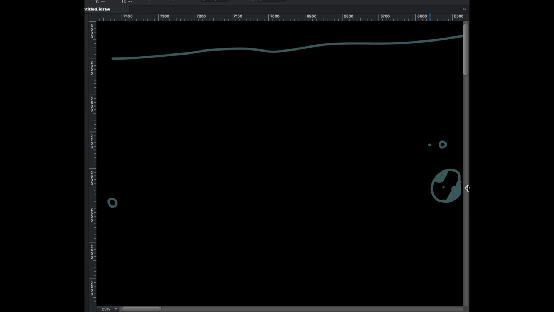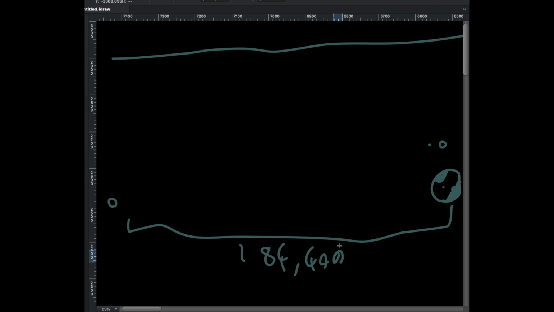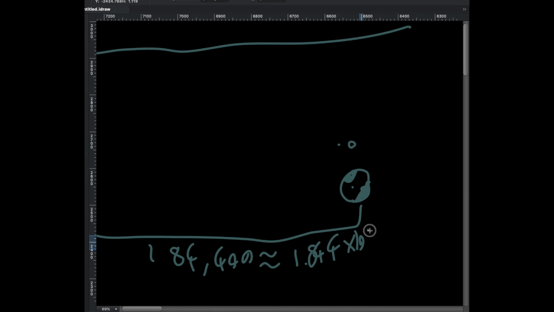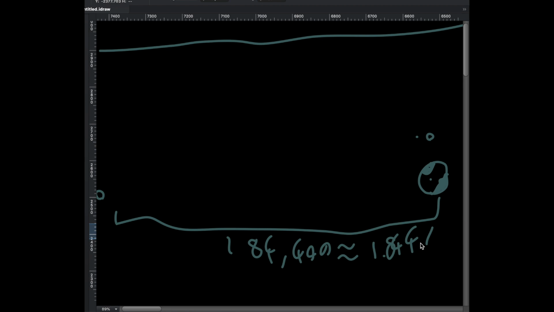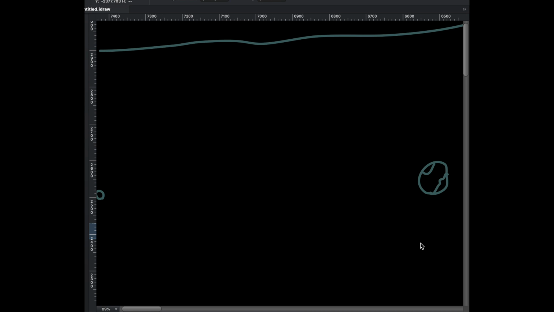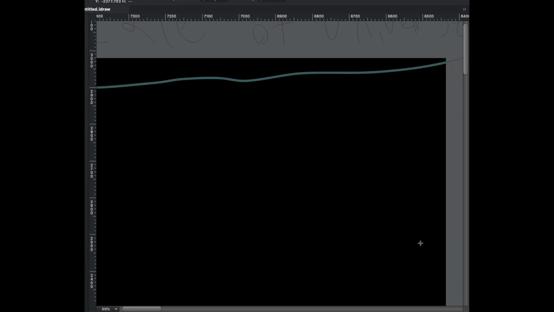So this distance is going to be approximately 184,400 kilometers from Earth, or approximately 1.844 times 10 to the 5 km from Earth.